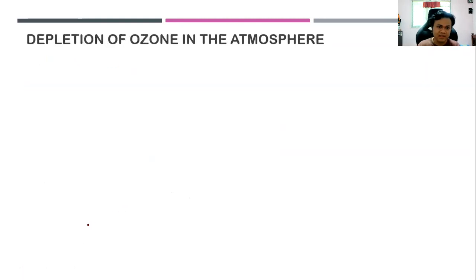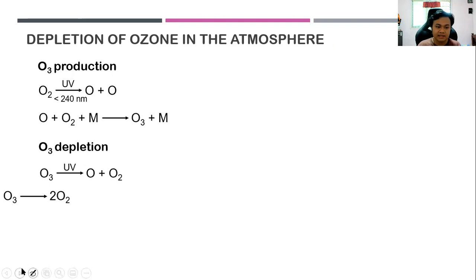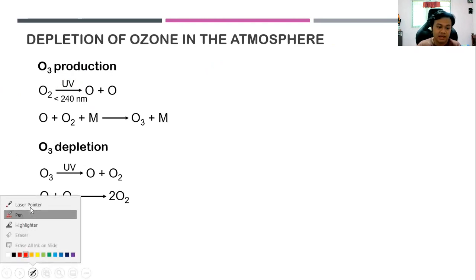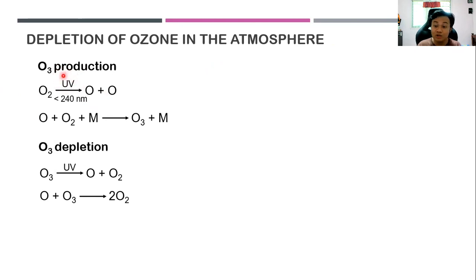So let's move on. How is ozone depleted in the atmosphere? First we'll talk about production. We produce ozone from oxygen, through the oxygen cycle that we discussed earlier. When oxygen is hit by the ionizing radiation, the UV rays from the sun, it will break down, decompose into its elemental form.